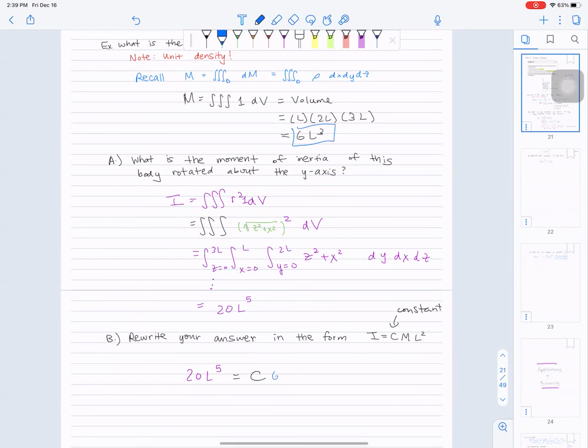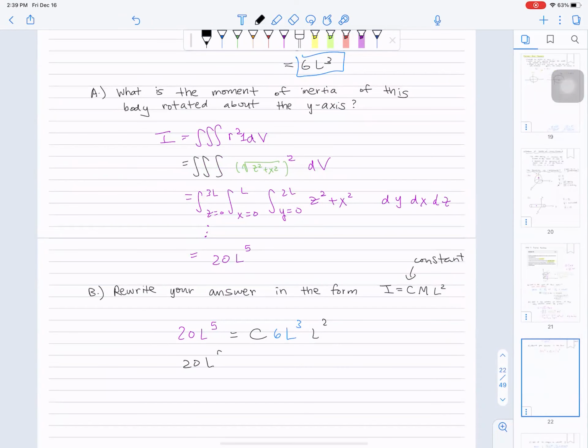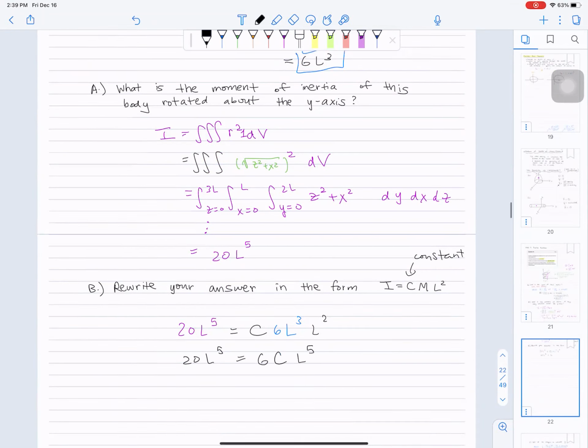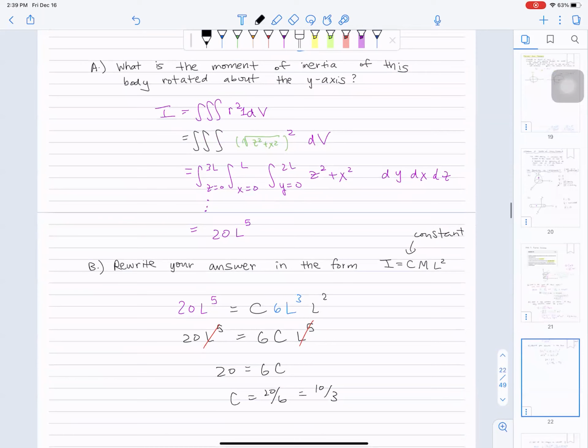It was 6L cubed, times L squared. So I want to find what C is. Well, now I have an equation, and so I can solve. This is 20L to the 5th equals 6C L to the 5th. The L to the 5ths cancel. So I have 20 equals 6C. Solve for C. C is 20 over 6, or simplified, 10 over 3. So I found the constant.